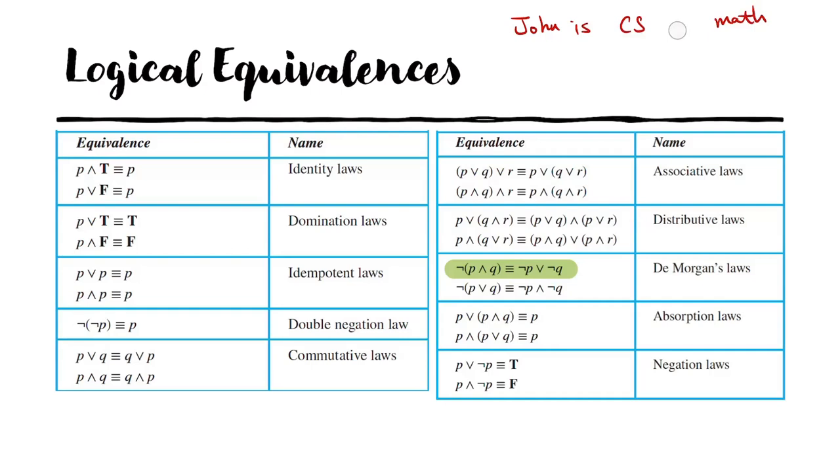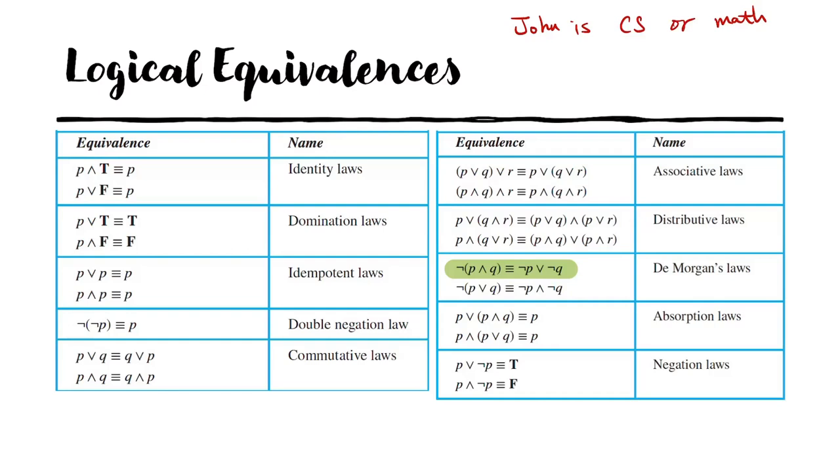Now again, if you have John is a CS or math major, to contradict that statement, you need to say John is neither a CS nor a math major. It cannot be CS and math, because saying John is CS or math means it's okay that John is not a CS major; he might be the math major.